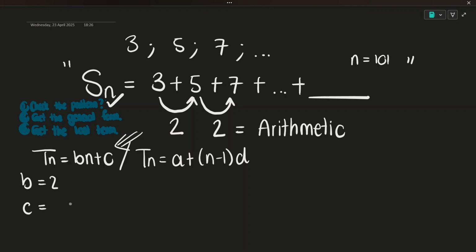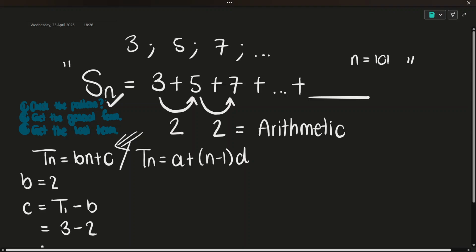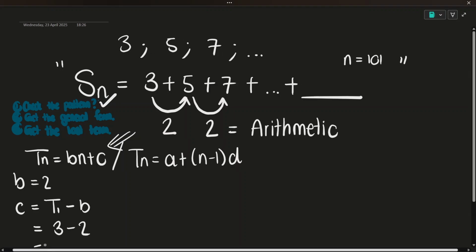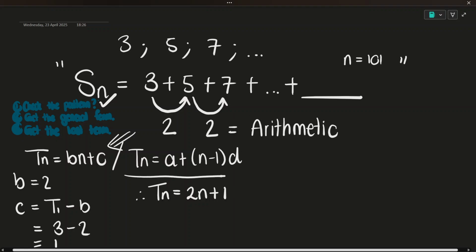We know that C is going to be equal to T1 minus B. T1 is 3, B is 2. Therefore it's 1. Therefore we can say our pattern is Tn is equal to 2n plus 1. And it makes sense. Because if I say 2 times 1 plus 1, that's 3. 2 times 2 plus 1, 4 plus 1, that's 5. Yeah, it makes sense. So put a box around it.